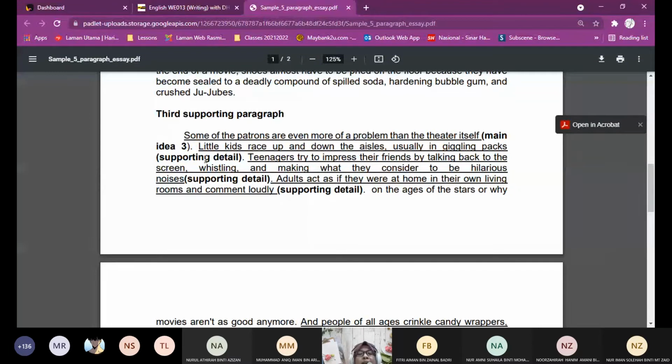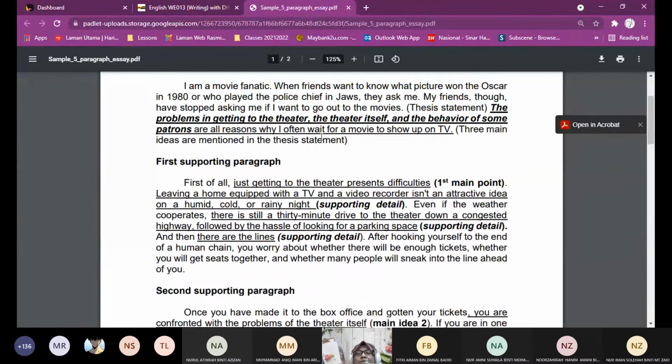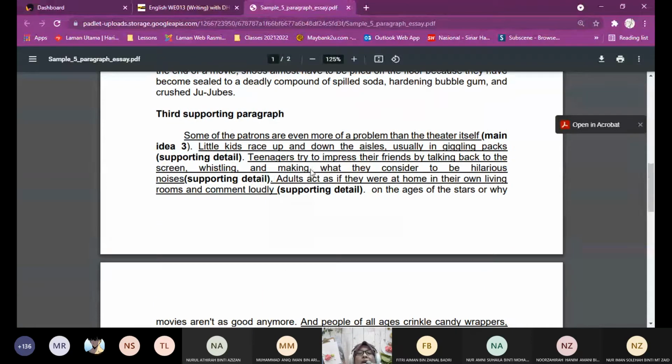So this is main idea 3. If you refer to the thesis statement, you see the behavior of some patrons, meaning some audience or people there. So it tallies with the thesis statement.